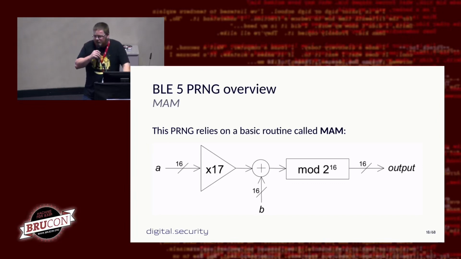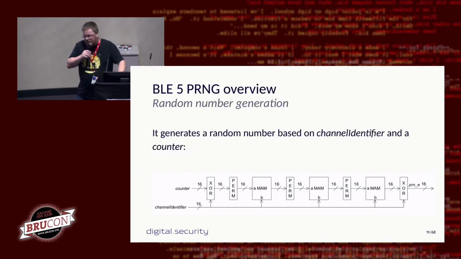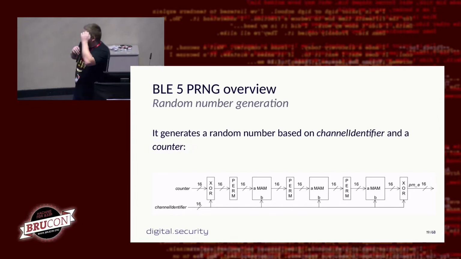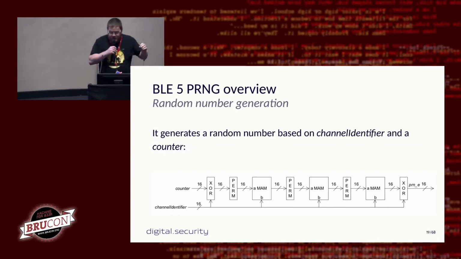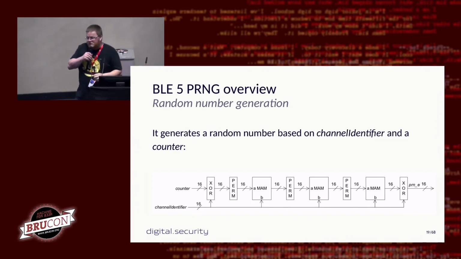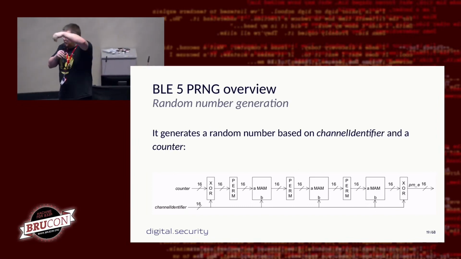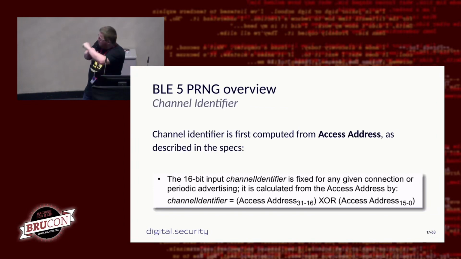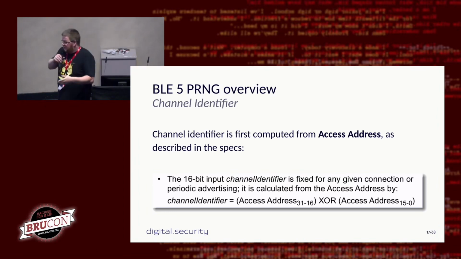Of course, they don't use it only once; the process is a bit more complex. On the left you have as input a counter, which is basically the number of channels you have jumped at a given time, and the channel identifier, which is derived from the access address. To be more specific, the value of the channel identifier is just bits 0 to 15 XOR bits 16 to 31, so this is very easy to compute.